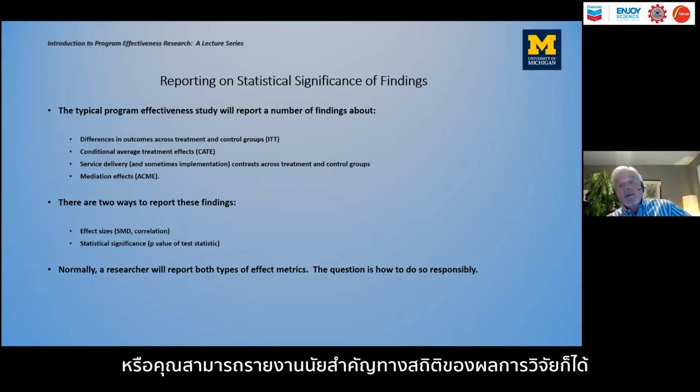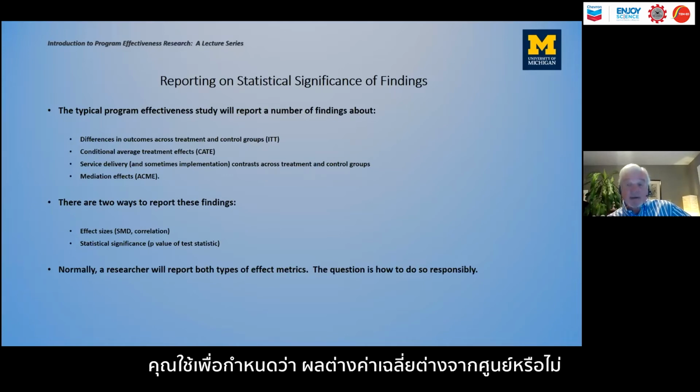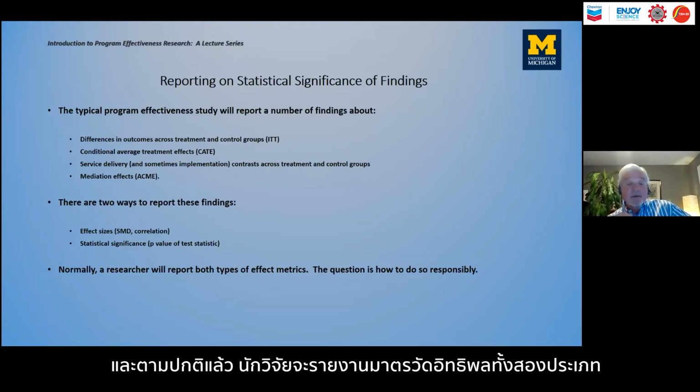Or you can also report the statistical significance of that finding. That is the p-value of this test statistic you use to determine whether or not the difference in means was different from 0. And normally a researcher actually reports both types of effect metrics.